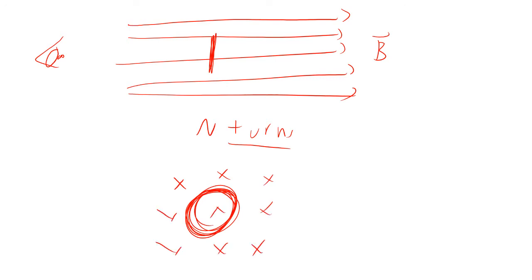So the magnetic flux here is going to be equal to the area times B. If it's a circular coil, then the area is pi r squared, so this would be pi r squared times B.